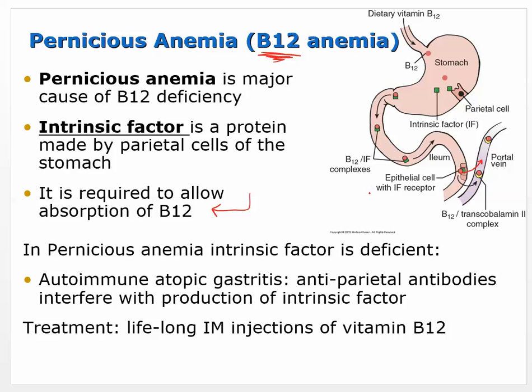So obviously, if we're not making enough intrinsic factor, or for some reason our immune system is getting rid of this intrinsic factor, whatever the reason we don't have intrinsic factor, that means we're also not going to be able to absorb B12.